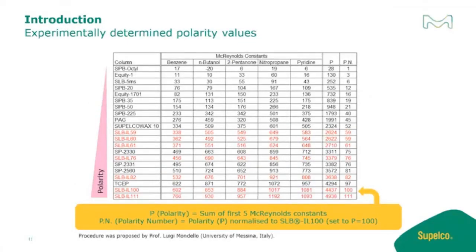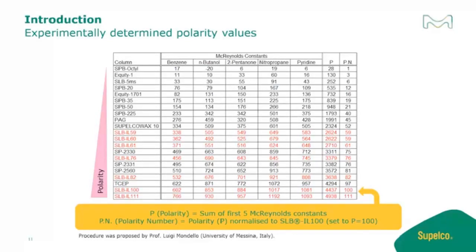So in discussing this with Luigi Mondello, one of our consultants at the University of Messina, we decided to go back to the basics. Luigi's group basically took all the traditional stationary phases along with the ionic liquids and did some fundamental gas chromatography by looking at the McReynolds constants on these particular phases.